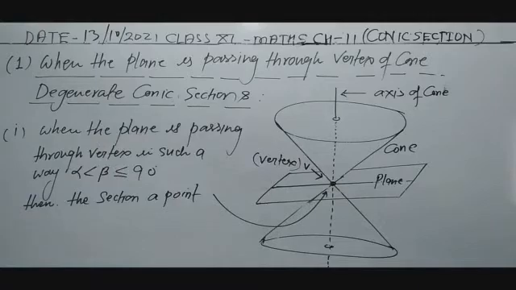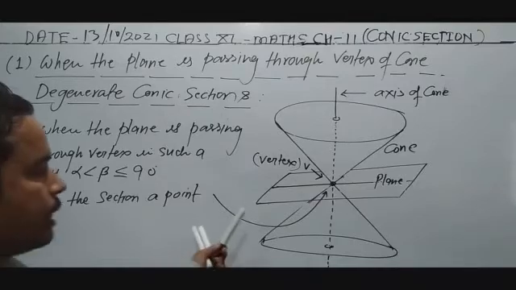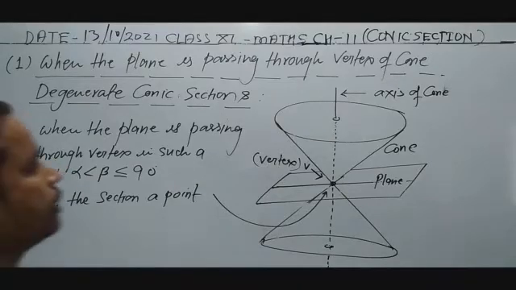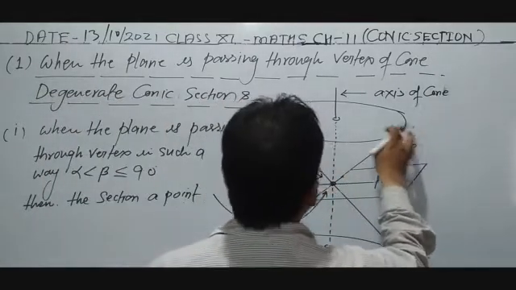Now see. Suppose we are going to take the second case. Suppose this plane is passing through the generator line, and this is the generator line and this is the fixed line.